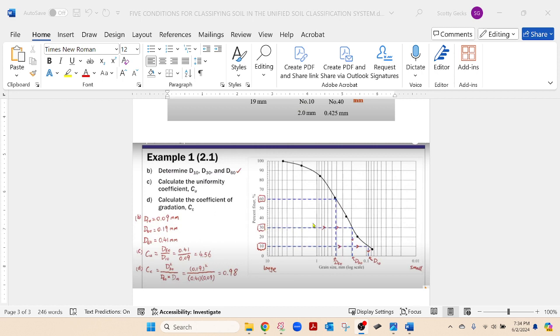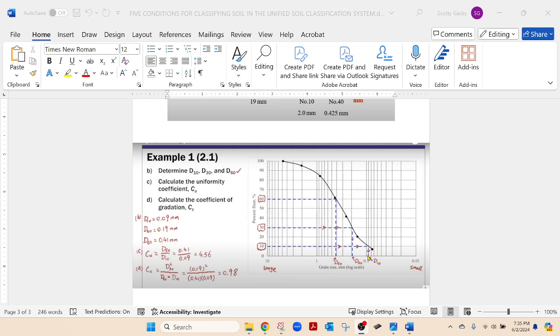Draw your line straight across till you hit the distribution curve, and in this case you would drop down, and we're at D30, that's 30% passing. So this is 0.1, 0.2, let's see, where am I here? I'm at 1, 2, 3, 4, 5, 6, 7, 8.